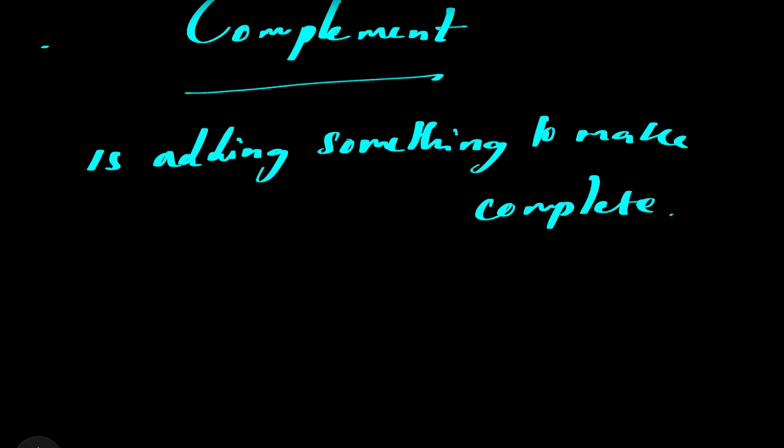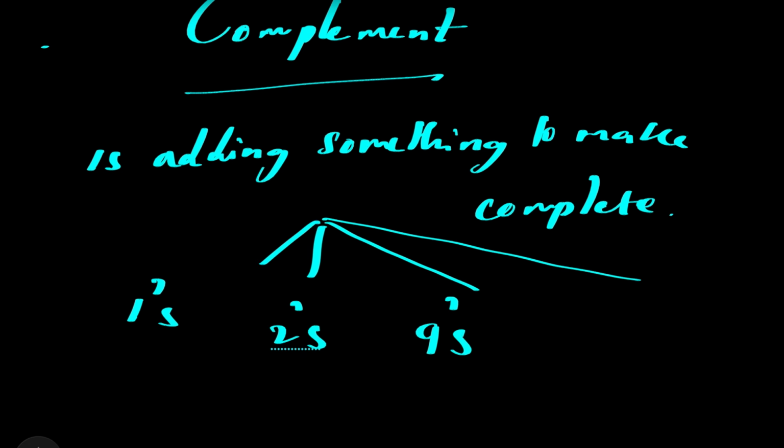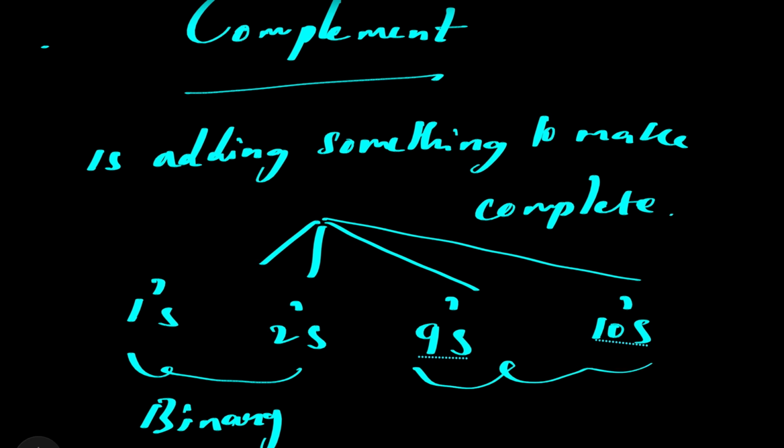We'll give you an example, right? Before that, we do have four different complements: one's complement, two's complement, nine's complement, and ten's complement. The ones and twos are meant for binary, and nines and tens are meant for decimal or BCD.